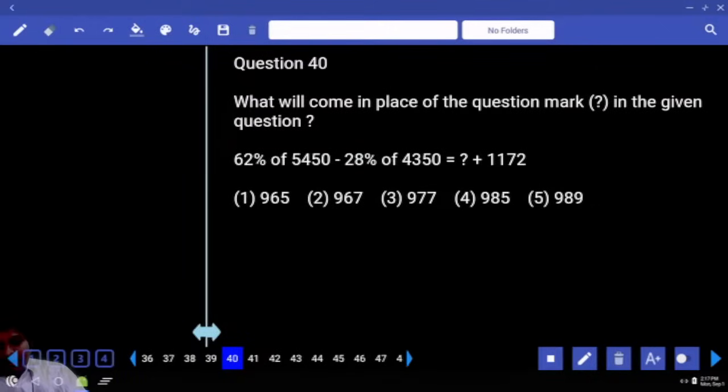Yeah, in a way, what I can do is, this one, I will treat it as 28% of 4350. No. Let's not, let's do it. 62%, the mind is not agreeing.